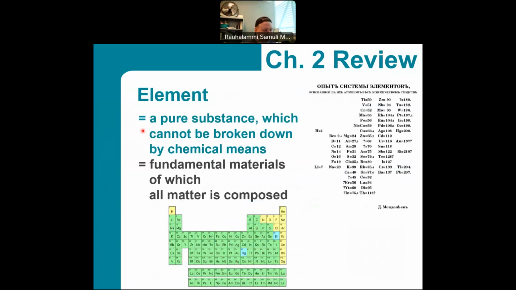We often have to do it in a lab setting. So for our purposes, an element is something pure that we find around us, that is the simplest form that we can make it. And really, what we end up noticing is that all life and all matter is made of different elements.